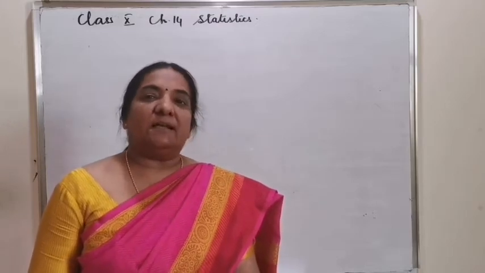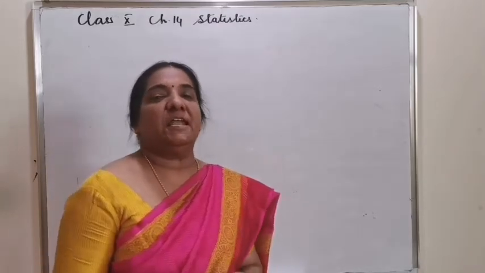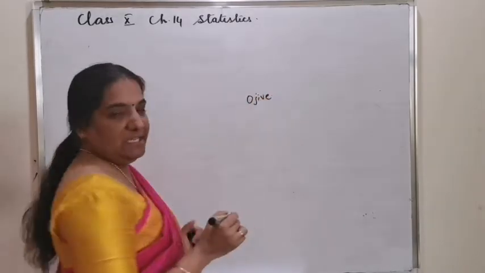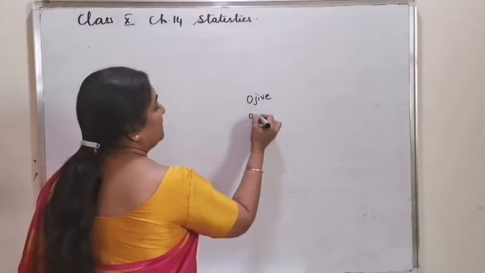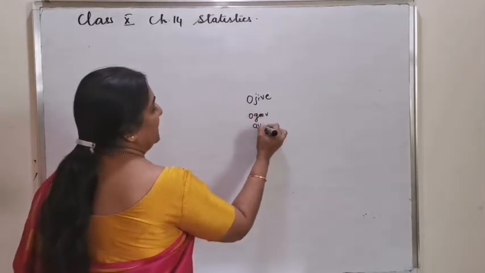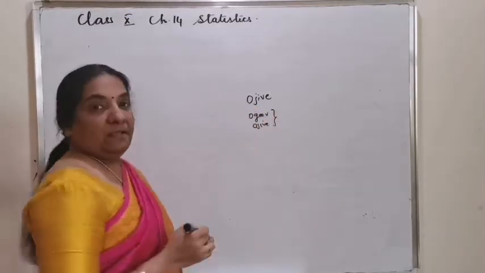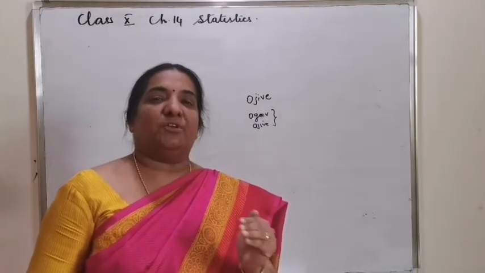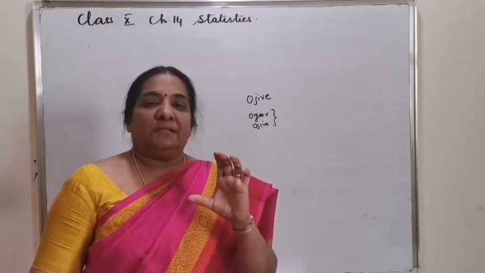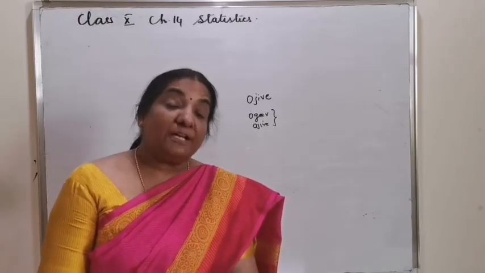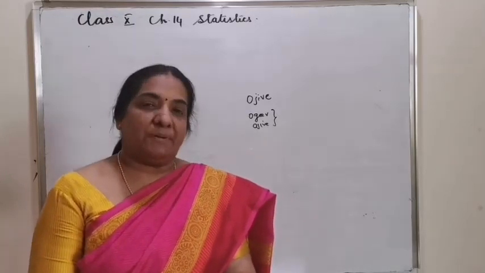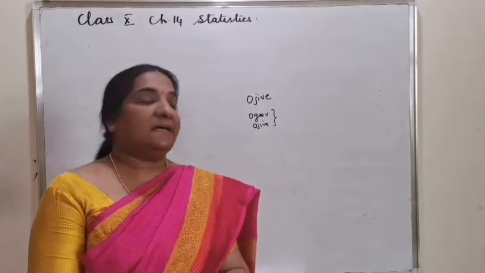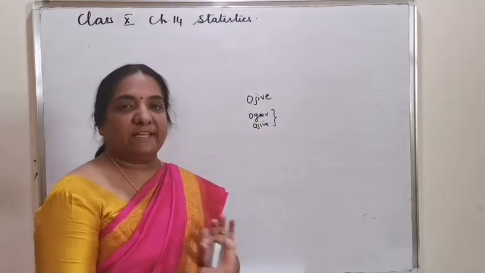And the graph is specially named as, the spelling is ogive. It can be pronounced as ogive or ogive. Instead of saying bar graph, histogram, polygon for the frequency distribution, the cumulative frequency distribution table, if you represent it in a graph paper, it is called an ogive.